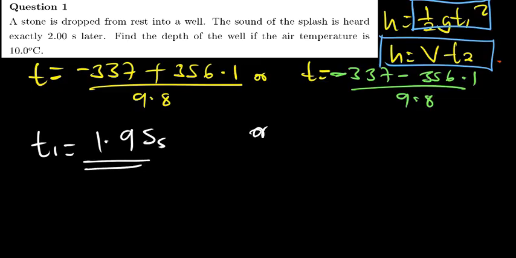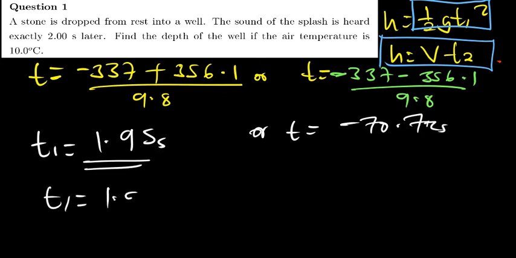This one will give me negative, but time cannot be negative, so I'll just leave it that side. It's going to be negative 337 minus 356.1 divided by 9.8. So I'm getting negative 70.72 seconds. So the time, which is t1, is now 1.95.